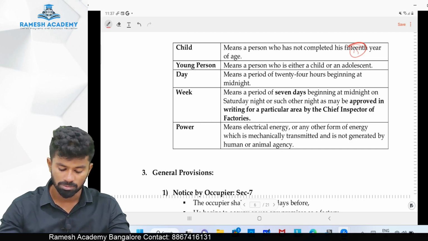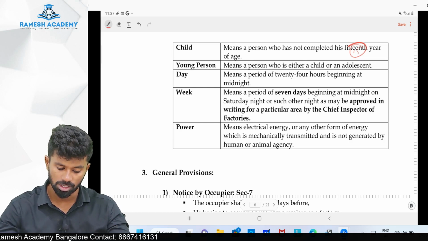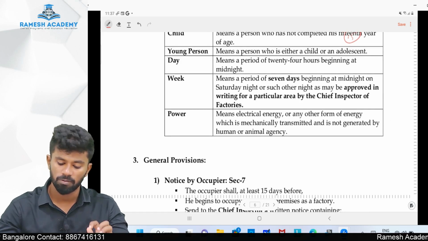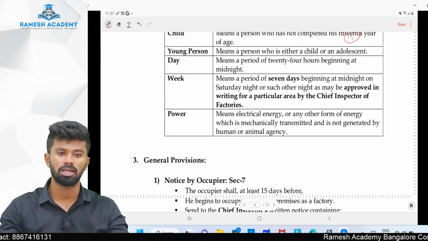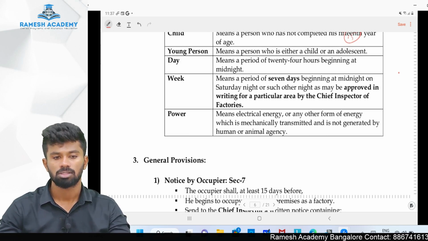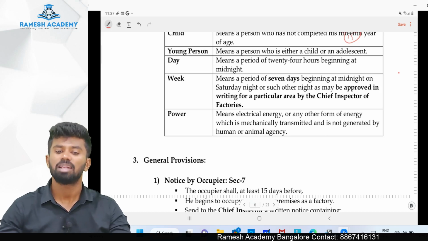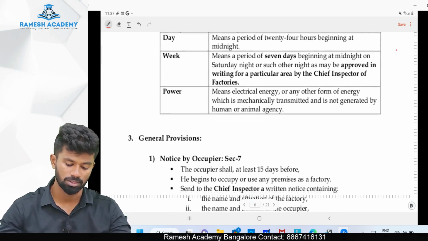Young person means a person who is either a child or an adolescent. Day means a period of 24 hours beginning at midnight, because the day starts at midnight. Week means 7 days which starts at Sunday, that is, Saturday midnight; Sunday's starting is considered as the starting of the week.